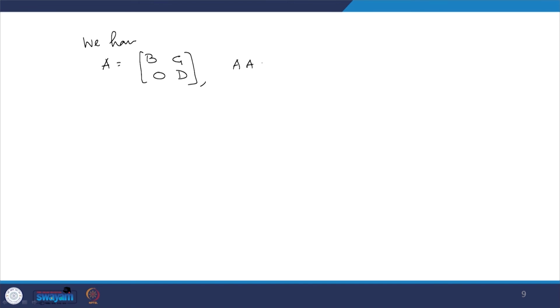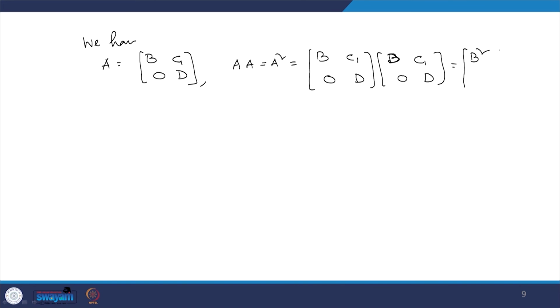A into A will be B C 1 0 D into B C 1 0 D. This will be equal to B square and some other matrix C 2, and 0, and you can see the structure will be like this.